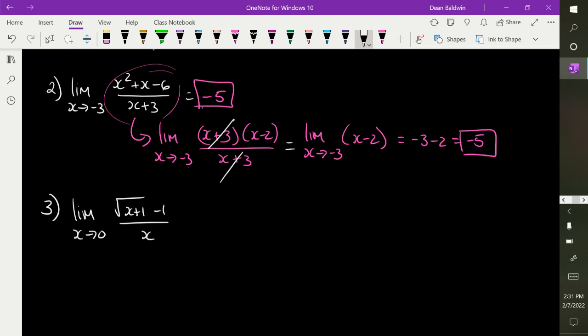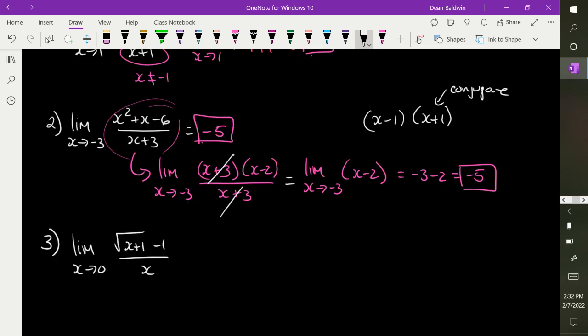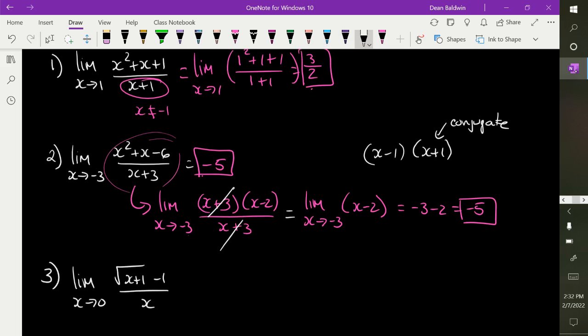If I have x minus 1, and I multiply by the conjugate, which is the same, except you are changing the sign, you create a difference of squares. So when you multiply this, you get x squared minus 1.